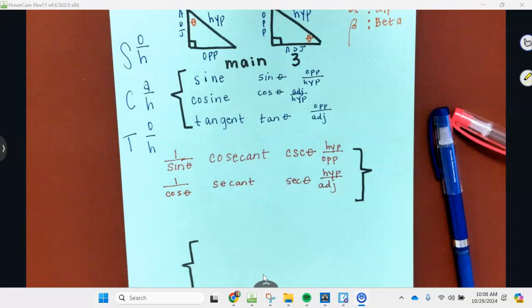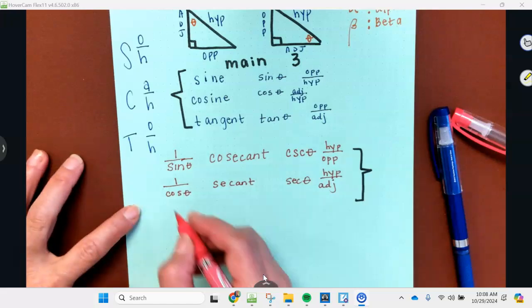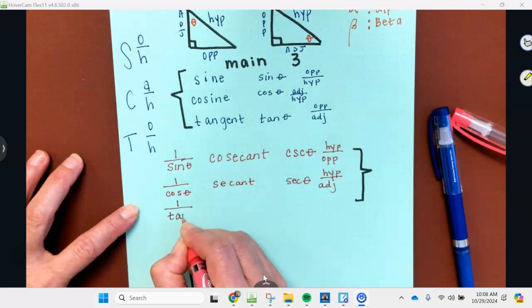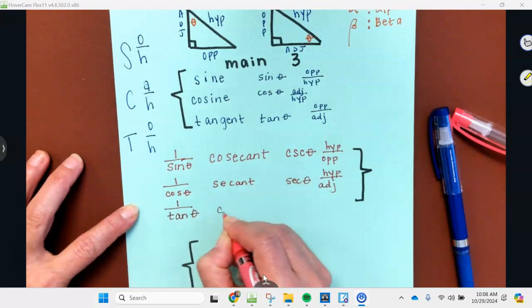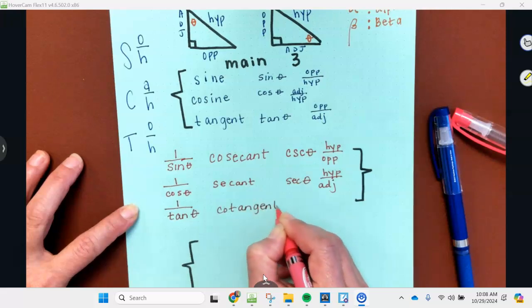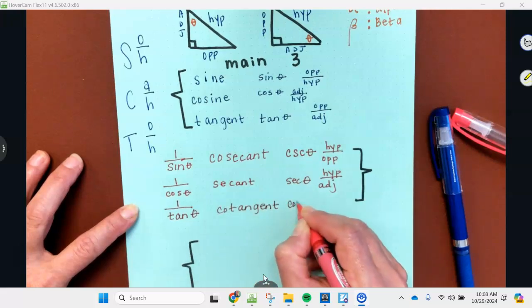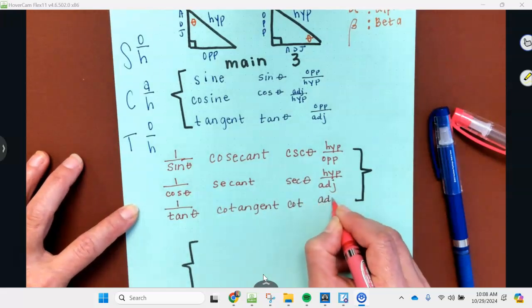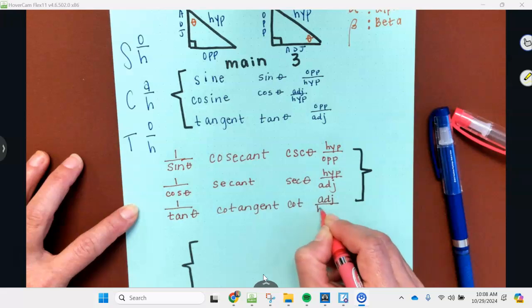The last one is the only one that really makes sense in terms of the way it's worded. The reciprocal of tangent is cotangent. And that's COT, and that's going to be adjacent over hypotenuse.